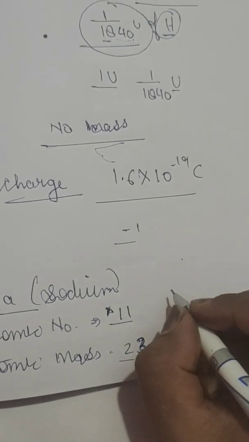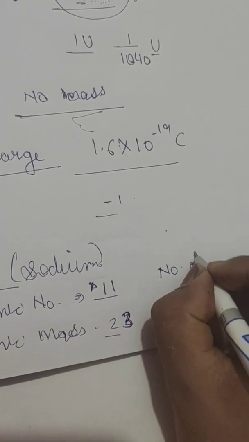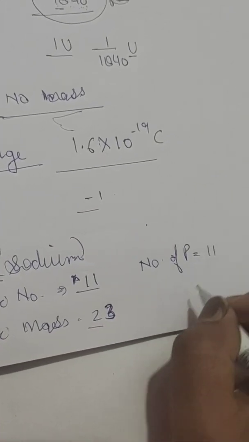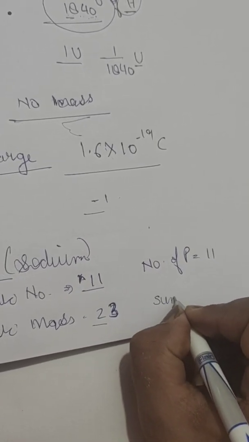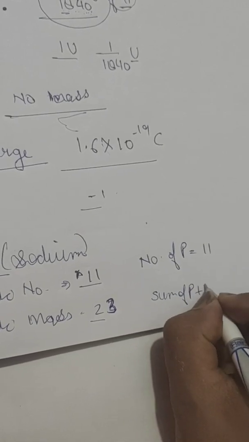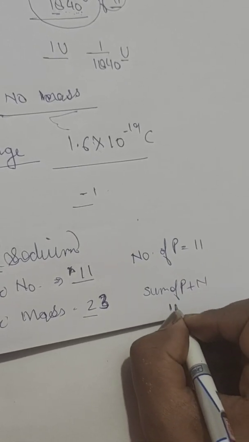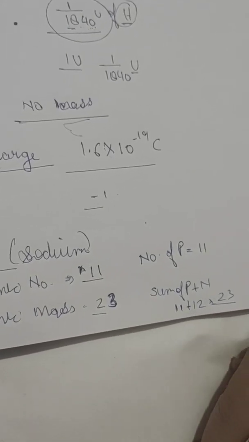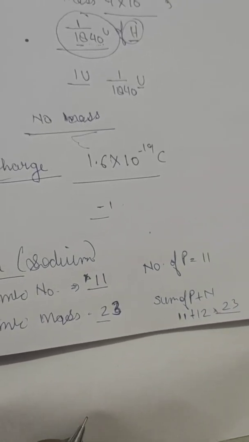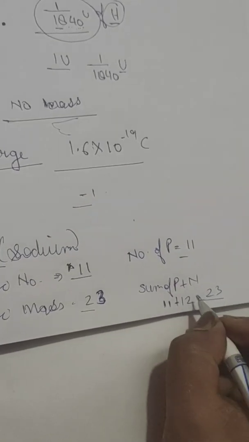That means the number of protons in sodium is 11. And atomic mass is the sum of protons plus neutrons. So proton is 11 and neutron is 12, which makes it 23. So by this we know that proton is 11 and neutron is 12.